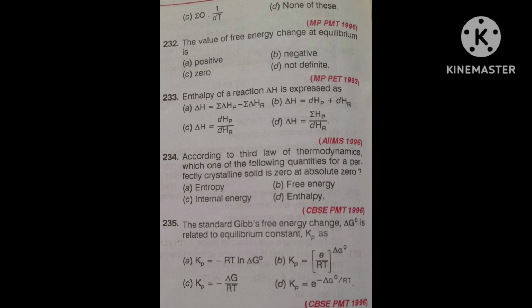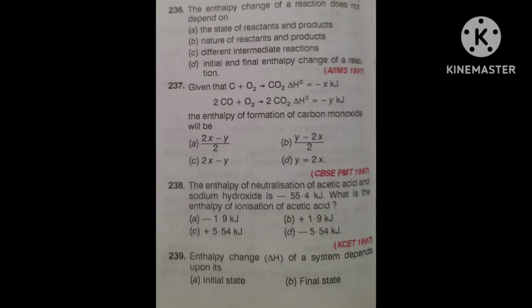Only from this relation can you know the value of ln Kp. ln Kp is equal to minus delta G standard divided by RT. Correct? Then Kp is equal to what? ln will convert to e exponential. Hence Kp is e power minus delta G standard divided by RT. Hence the correct option is option D.